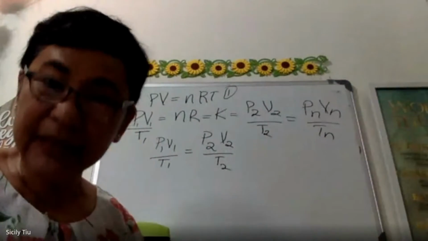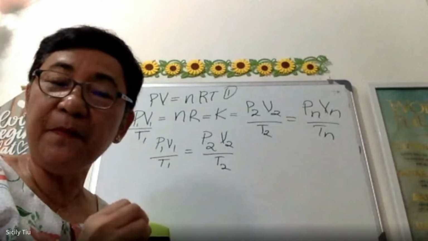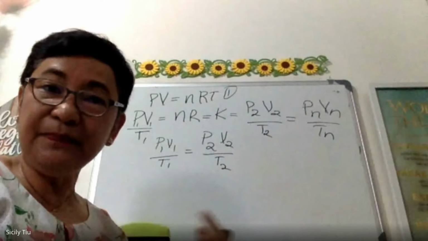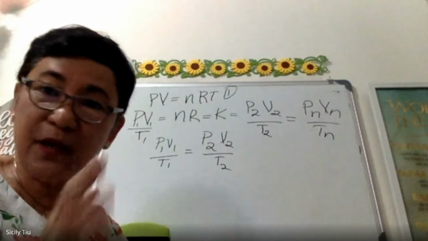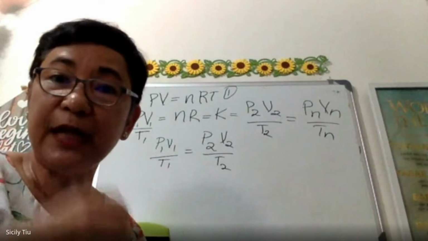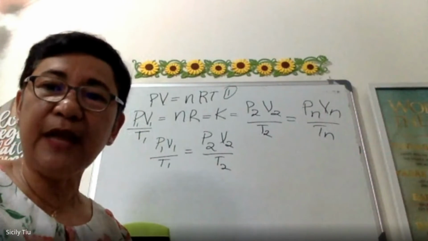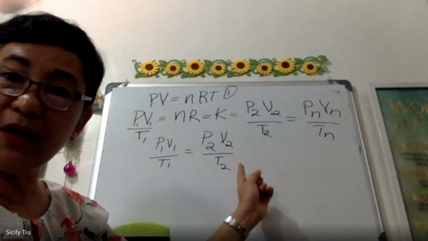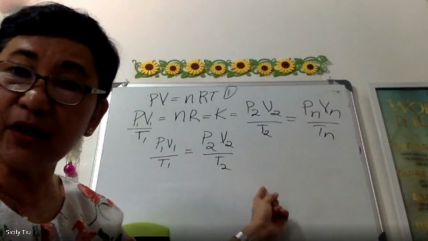What is important is that you know your mathematics, the rules in modifying equations, or actually, the correct word is manipulating equations. Now, from the ideal gas law, we arrived at the combined gas law.